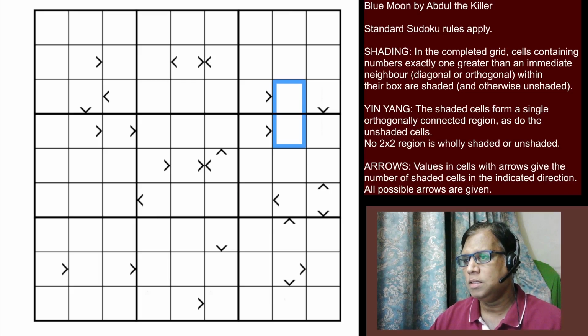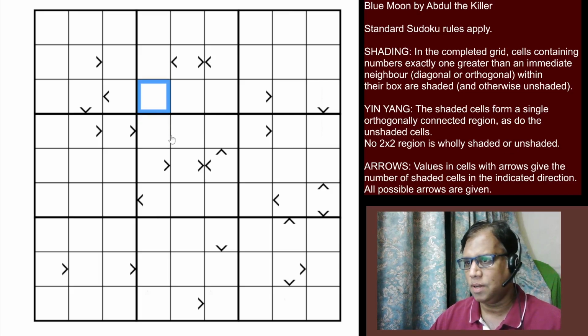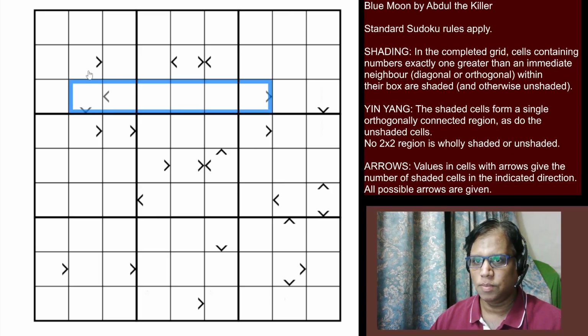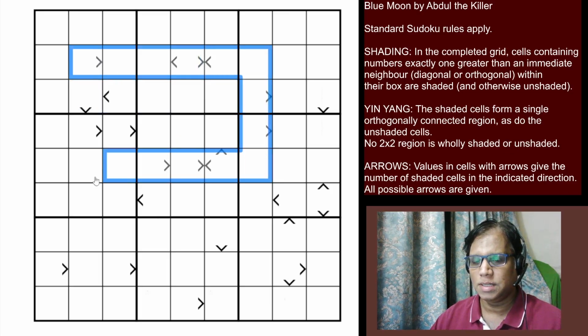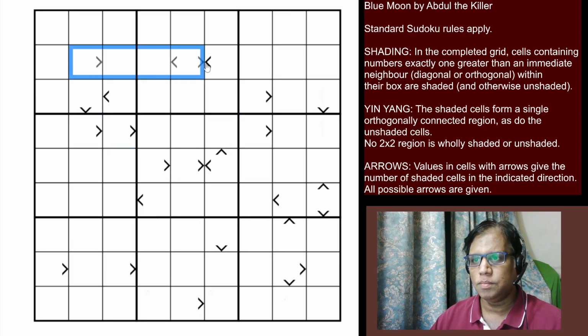In Yin Yang, the shaded cells form a single orthogonally connected region, as do the unshaded cells. No 2x2 region is wholly shaded or unshaded. So this is a standard Yin Yang variant. Whatever the shading we do using the above rule, the shading should be such that all the shaded cells form some kind of loop.